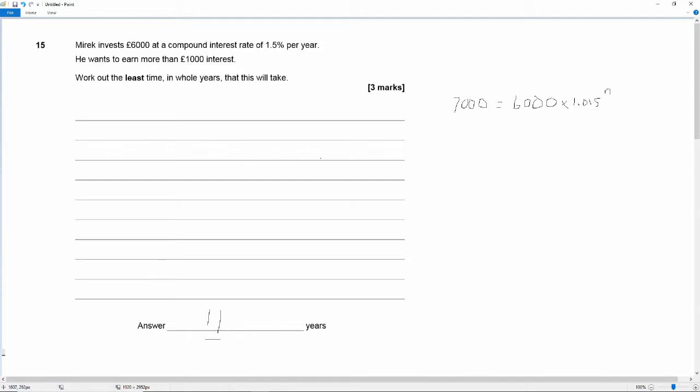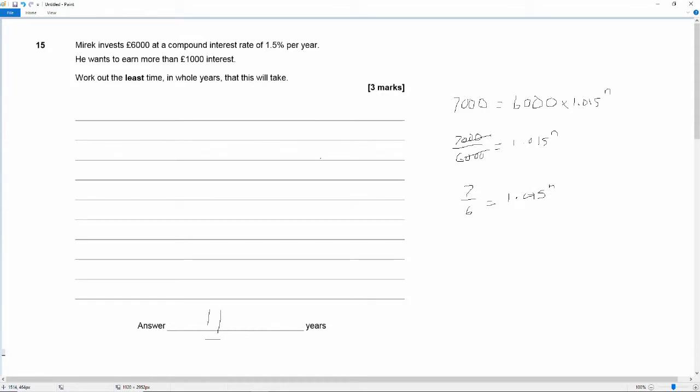If I divide both sides of the equation by 6,000, I'm going to get 7,000 over 6,000 is equal to 1.015 raised to the power n, and these zeros all cancel out, so it's just 7 over 6.